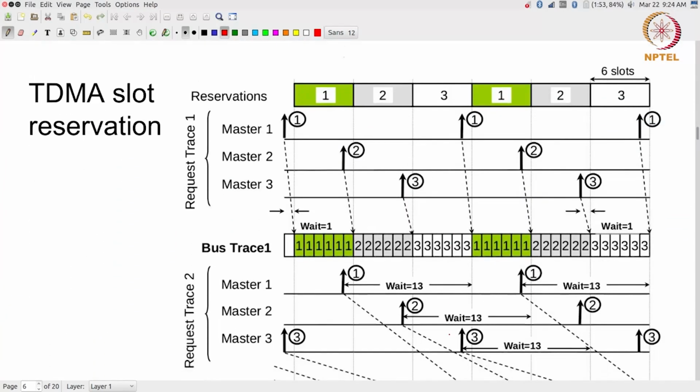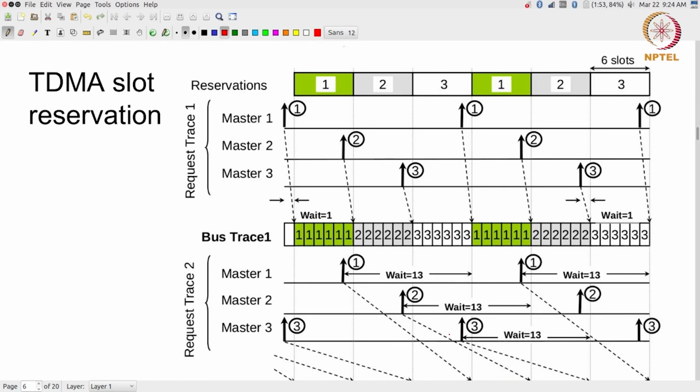The problem comes about because let's say that I'm reserving slots, right? And I had a situation like this where this first slot, which is basically over here 6 clock cycles, corresponds to master 1, okay? And let's say that master 1 did a bus request at this point in time, okay?